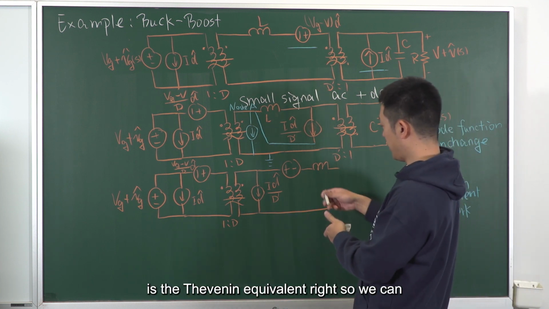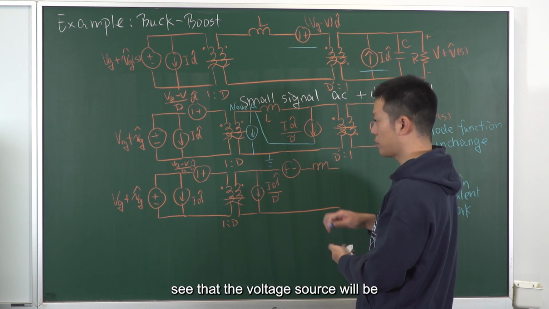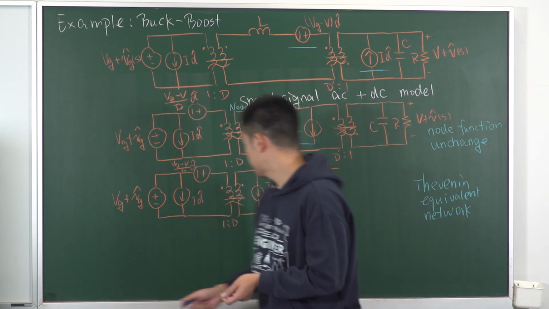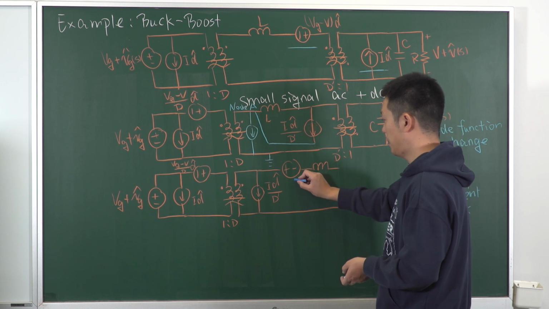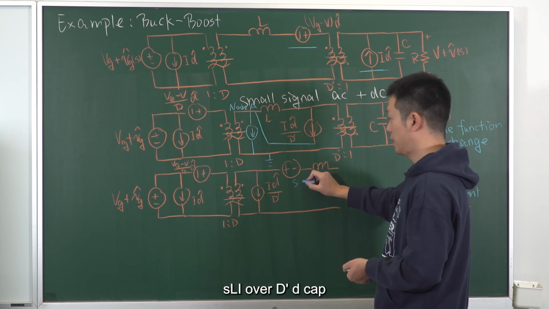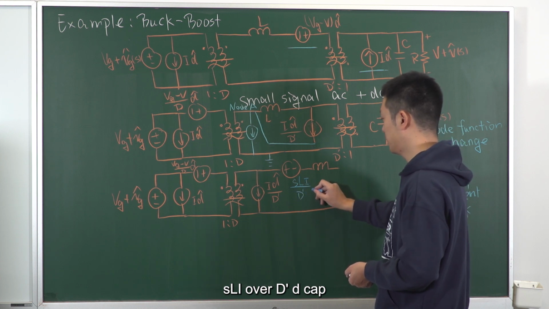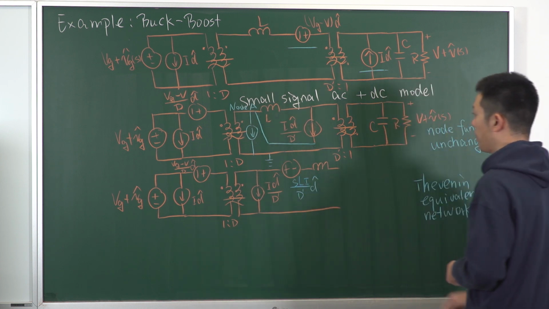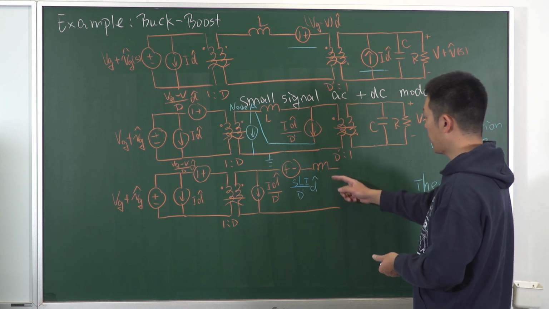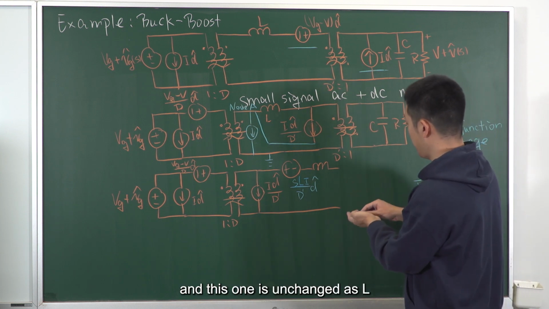So we can see that the voltage source will be sLI d cap over D prime D, and this one is unchanged as L.